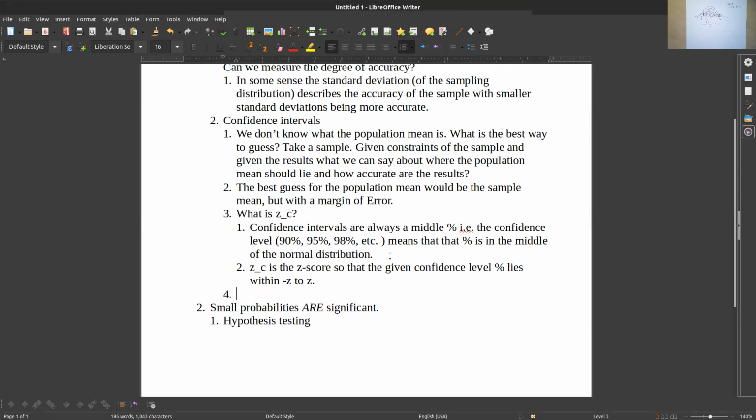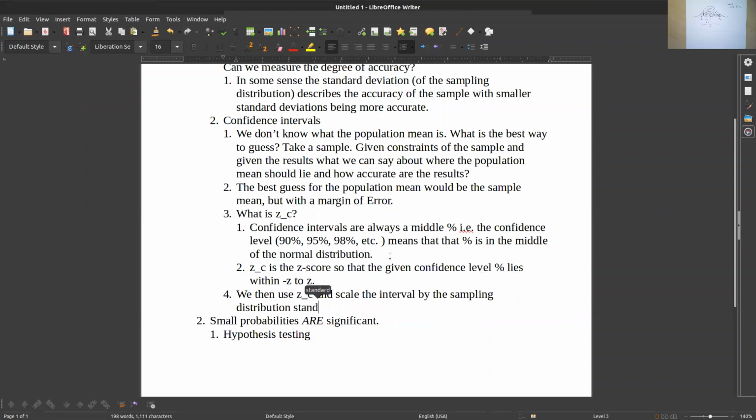And then I guess our last note, we then use Zc and scale the interval by the central limit theorem. Let's say the sampling distribution standard deviation, and shift by the sample mean.